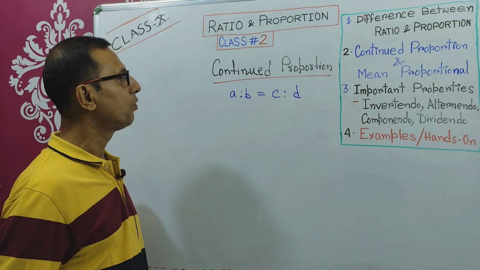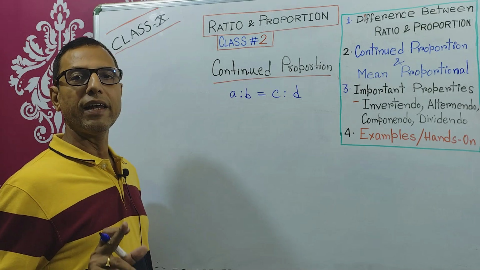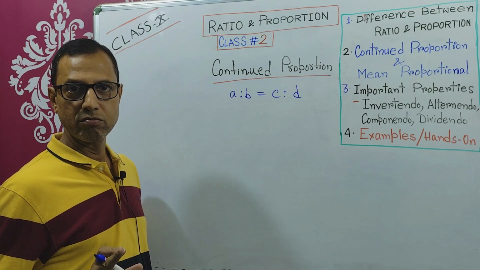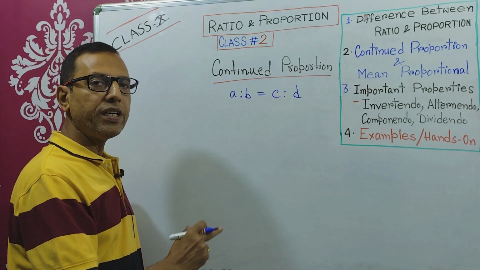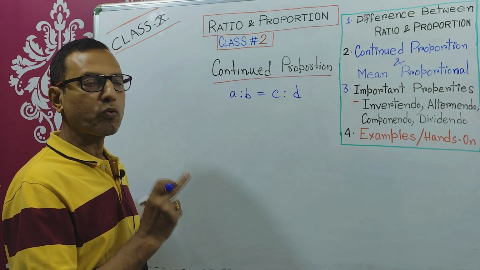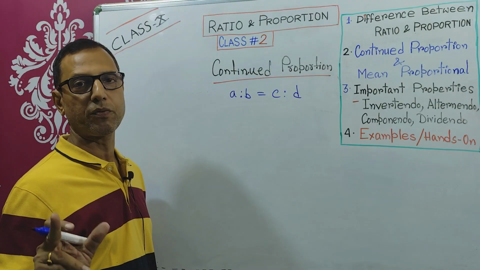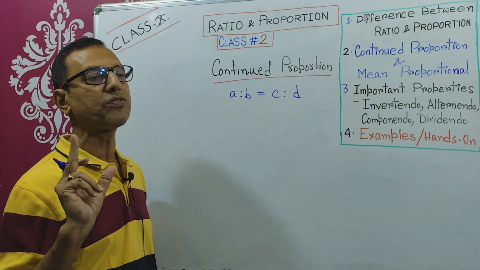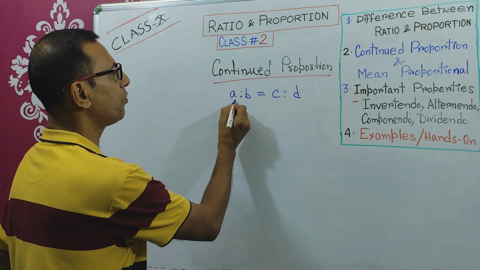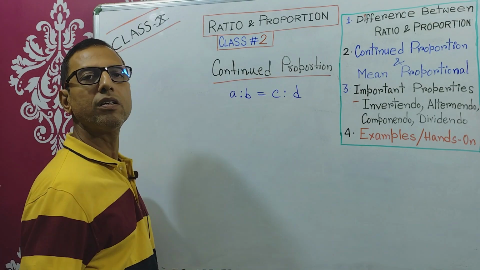What have we learned about continued proportion? If three elements or quantities are of the same kind and same unit, so there will be three elements. For continued proportion, always there will be three elements. Here we have four elements, so you need to make three elements.